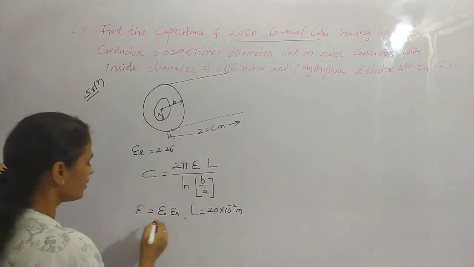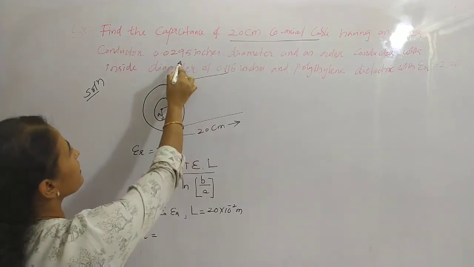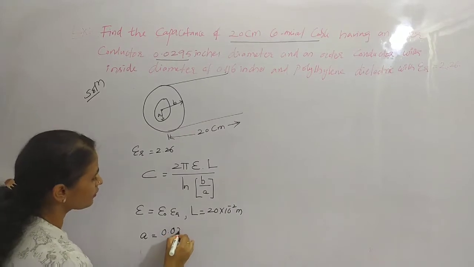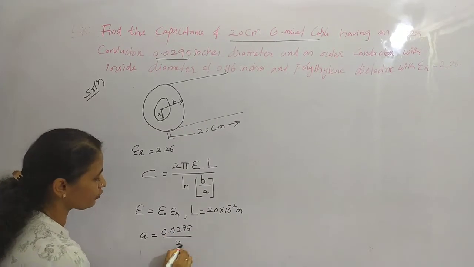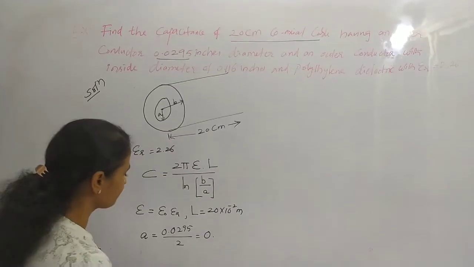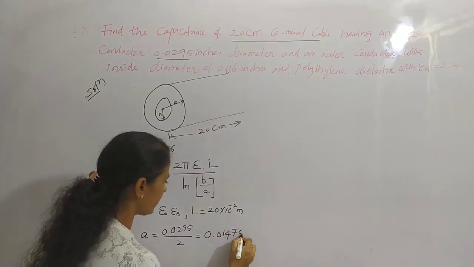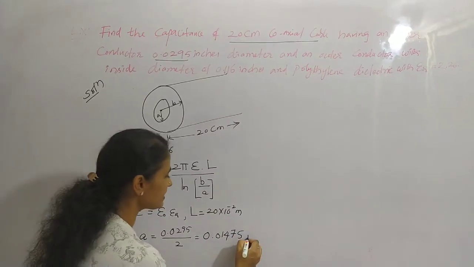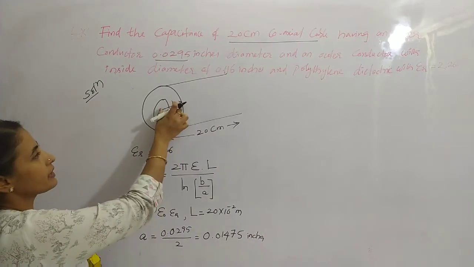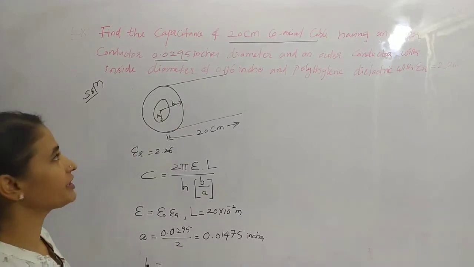A and B are the radius of the inner and outer conductors, but they have given the diameter. So the inner conductor radius A is the inner conductor diameter 0.0295 by 2. Diameter by 2 is the radius, which is 0.01475 inches.